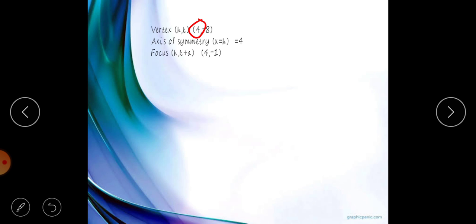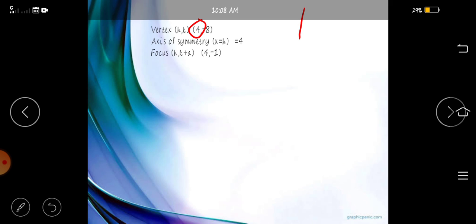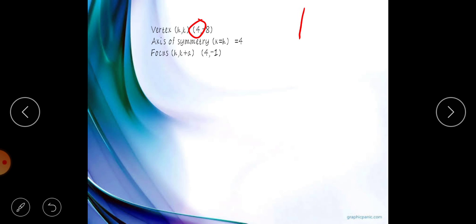And the focus is (h, k plus a). The value of h is 4, and k plus a: the value of k is negative 8 plus the value of a, which is 7, so that is equal to negative 1.